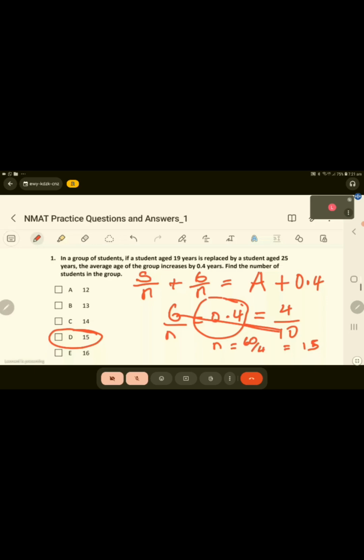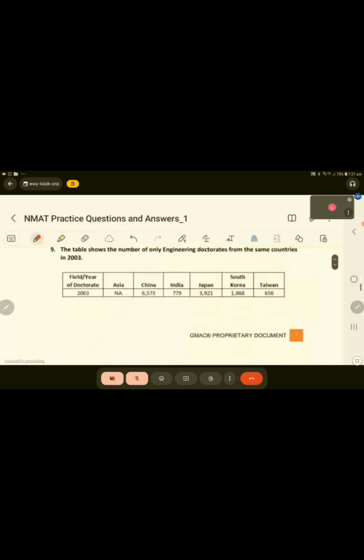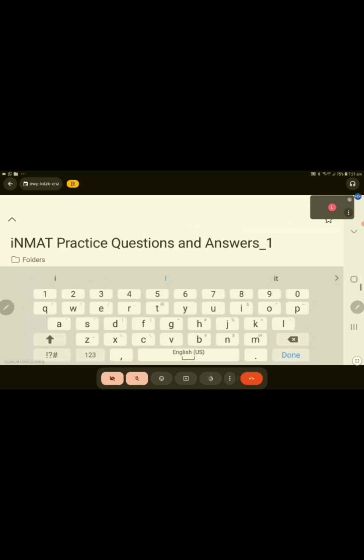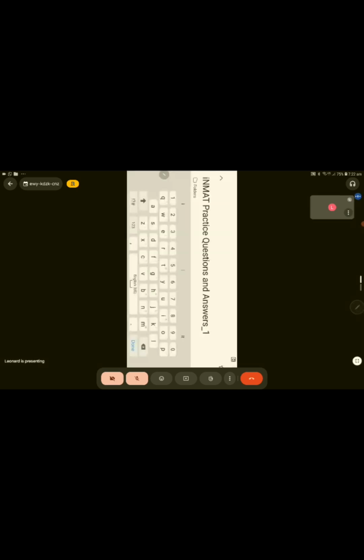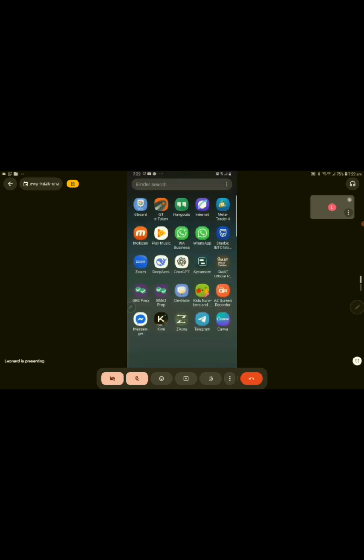Let's move on. We move to 26. I think 26 is the next average-related question. What we have discussed today can also solve this question. There is another question that you can solve.